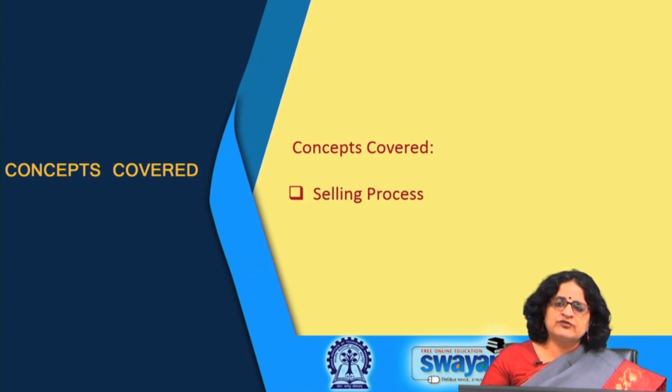So over there, even if products are low involvement products, they may involve some level of formality, some level of official procedures, some level of documentation, some amount of decision making.